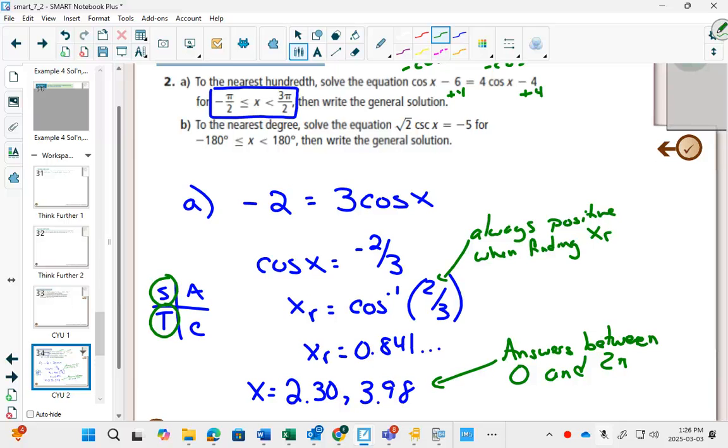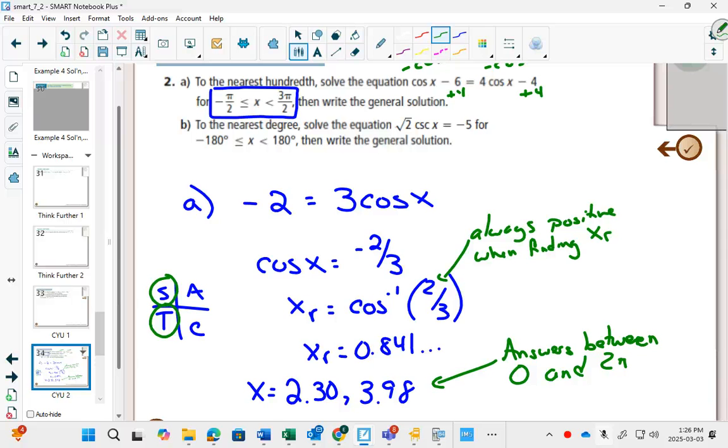It has negative pi over 2 to 3 pi over 2. And when they have the negative values, when you're thinking on your unit circle, you're always starting at 0. So when I have negative values and positive values, it's going to have 0 to 3 pi over 2 in this direction, and 0 to negative pi over 2 in this direction.